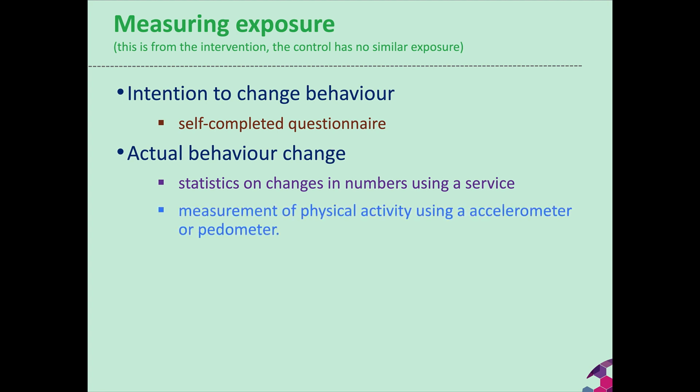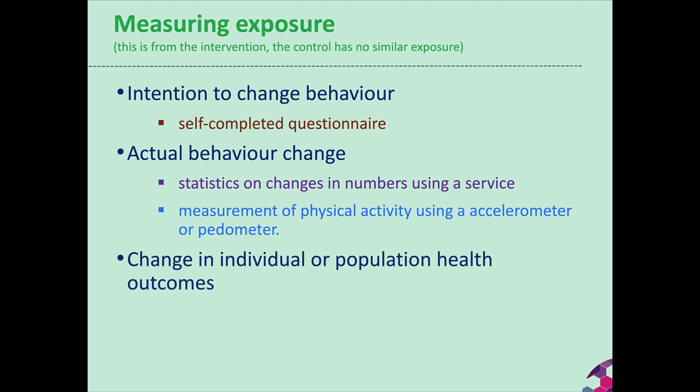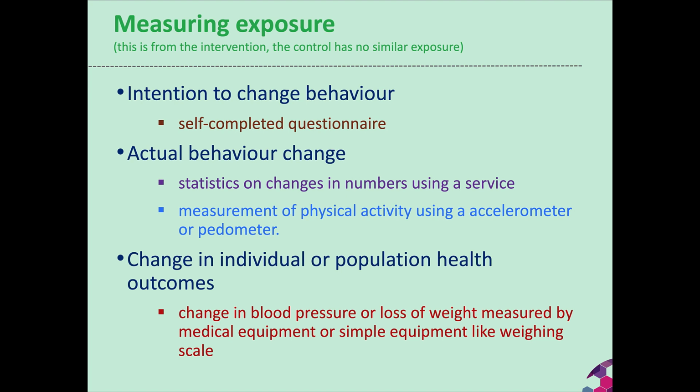And then we could also do physical measurements such as physical activity using an accelerometer or pedometer. And we could also look at changes in individual or population health outcomes, such as changes in blood pressure or loss in weight. So we could use medical equipment such as a blood pressure monitor, or we can use simple equipment that we have at home like a weighing scale.